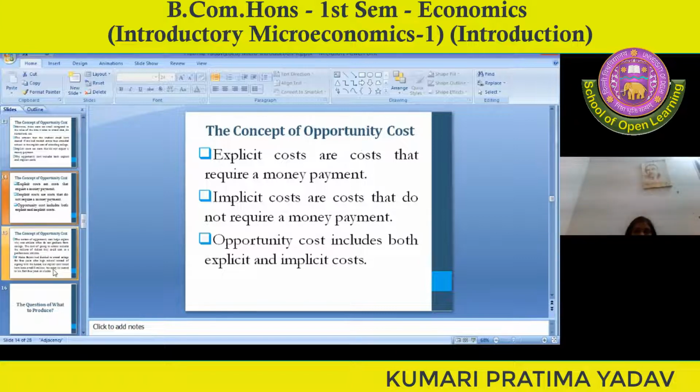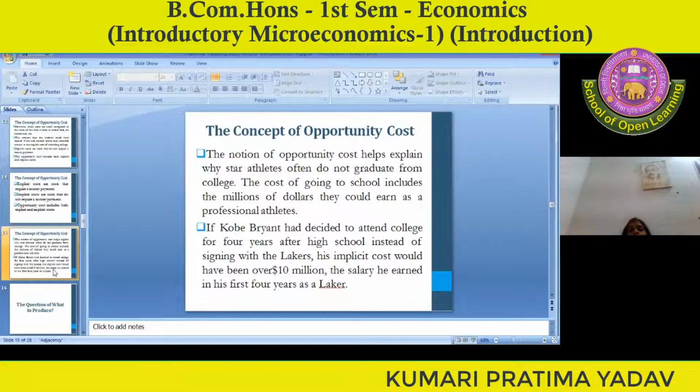Finally, the notion of opportunity cost helps explain why star athletes often do not graduate from college. The cost of going to college includes the $1 million they could earn as a professional athlete. I will give you the example of Virat Kohli, because most of us love to watch cricket. Why didn't he graduate?